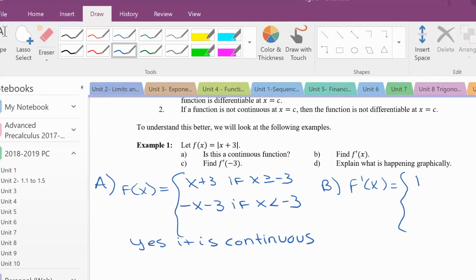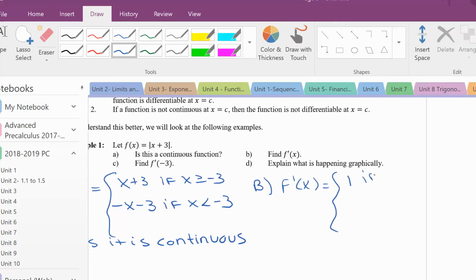So the slope is 1 if x is greater than negative 3, because remember, absolute value graphs are pointed, so the slope at negative 3 is going to be undefined, because I can't have a sharp turn. I have to have a smooth curve in order to find the slope there. So it's 1 if it's greater than negative 3, and it's negative 1 if it's less than negative 3, because we're talking about the slope.